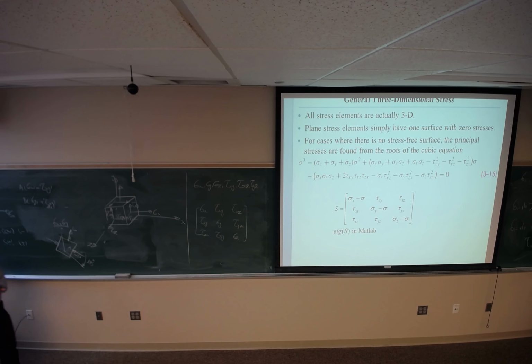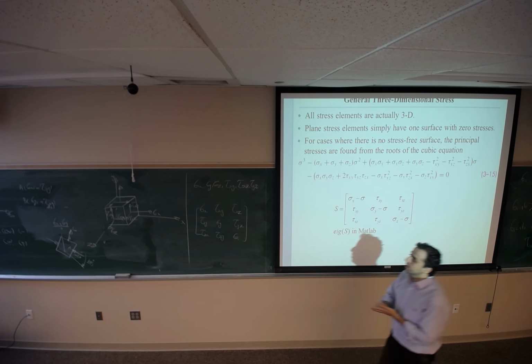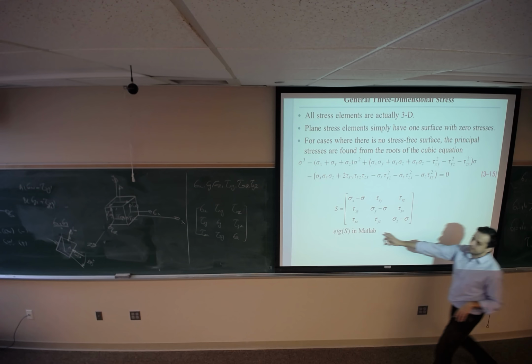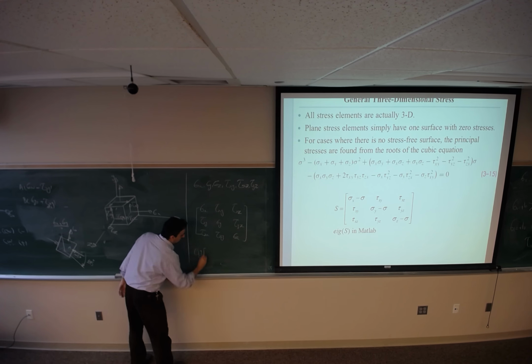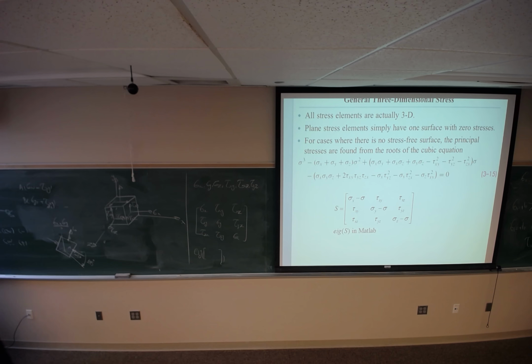If you have taken linear algebra, you are familiar with eigenvalues and eigenvectors. But if you have not taken it, that's okay. In MATLAB for the homeworks, you just type EIG, and inside the parentheses put the matrix.